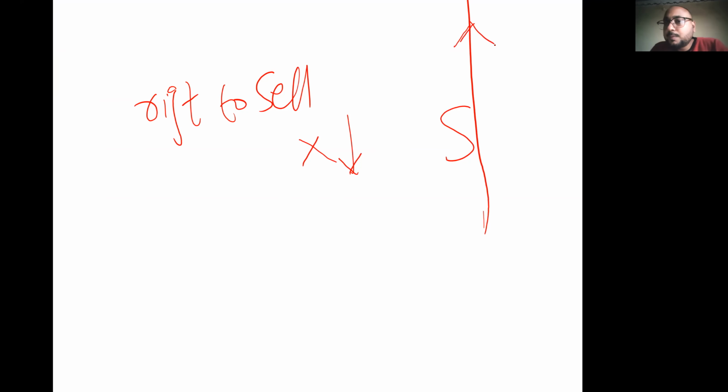What if the exercise price is very low compared to the spot price? Spot price is very high and strike price is lower.